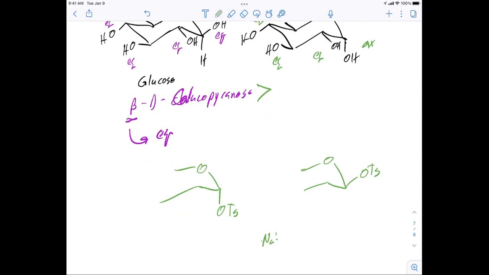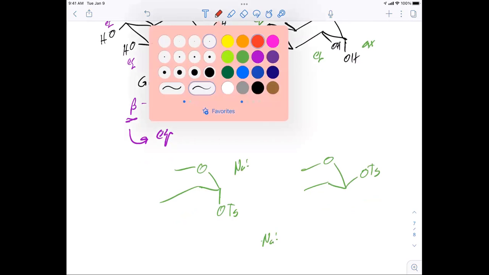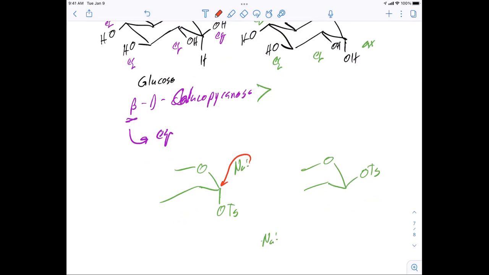I should move this nucleophile up here. Well, this one's coming in the equatorial area, right? So therefore, less steric hindrance. This one's coming from the axial position, so therefore more steric hindrance.